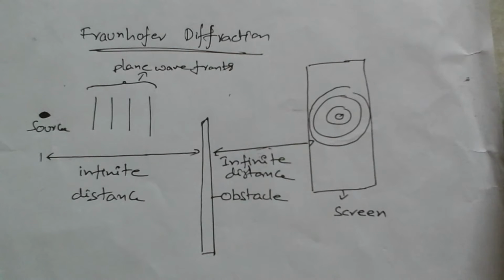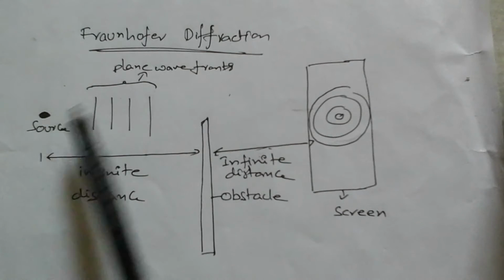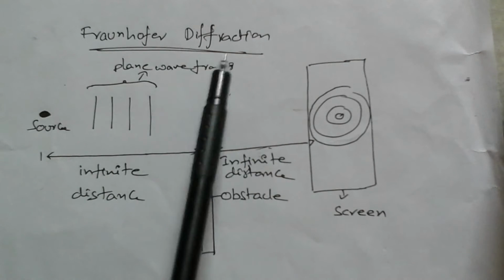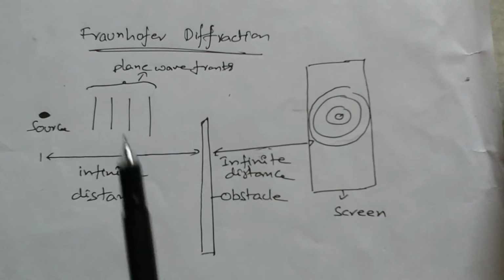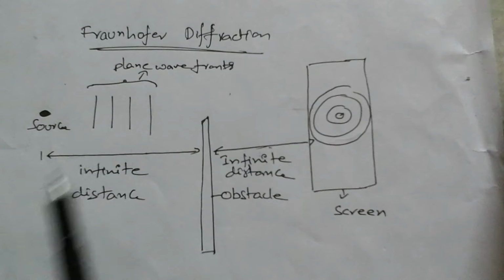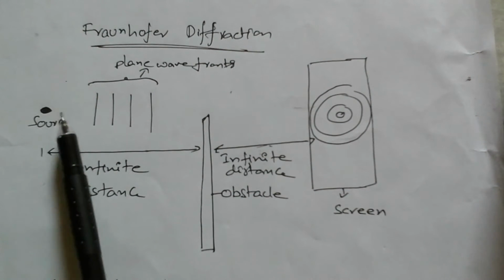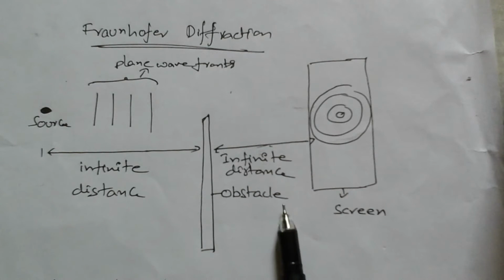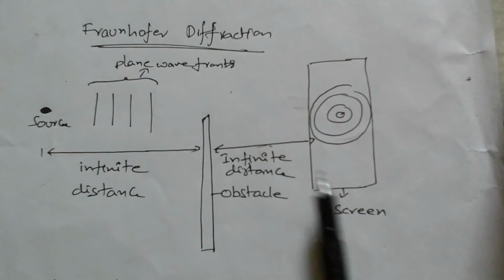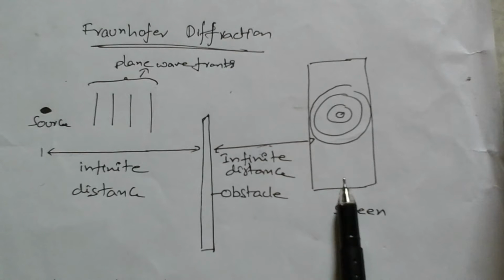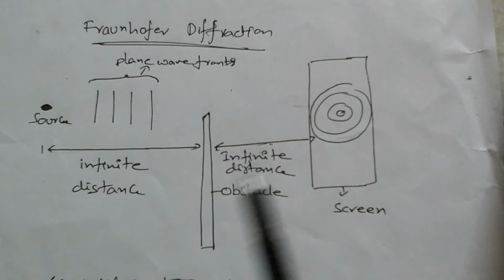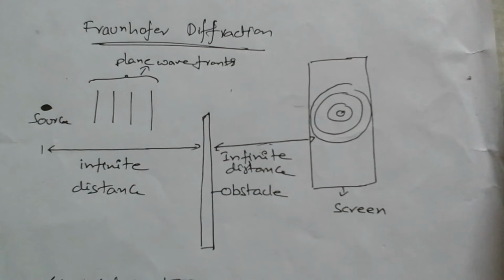Now we are discussing Fraunhofer diffraction. In Fraunhofer diffraction, we are taking a source, obstacle and a screen. But here we have to remember one thing.